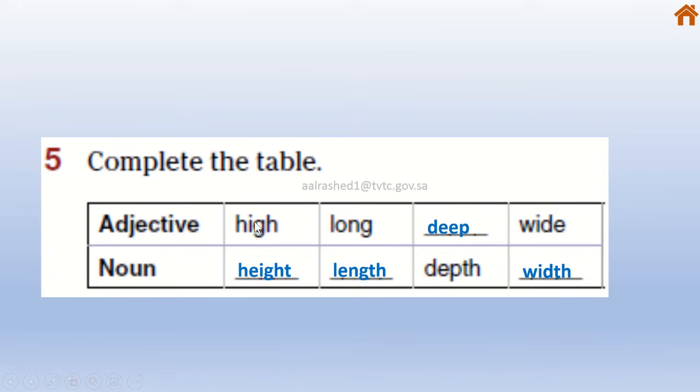So high, this is the adjective. The noun of high is height. Long, the adjective, the noun is length. The adjective deep, the noun is depth. The adjective wide, the noun is width.